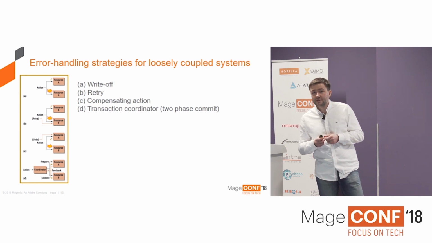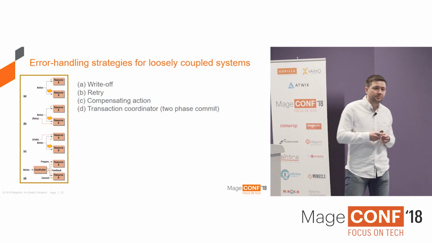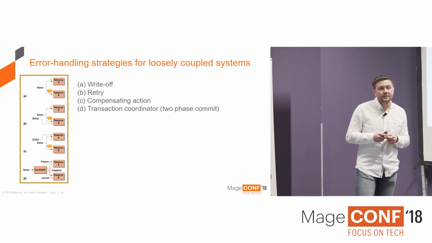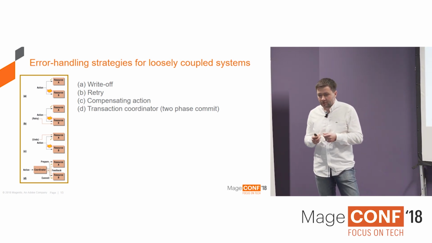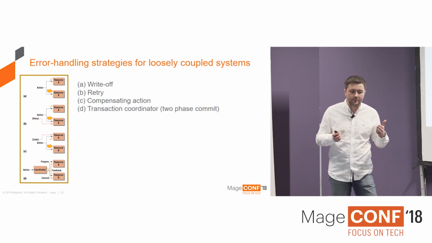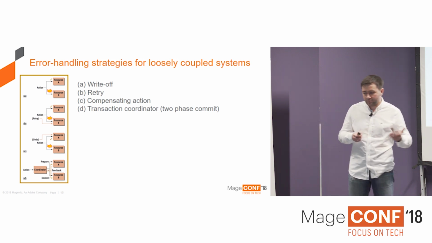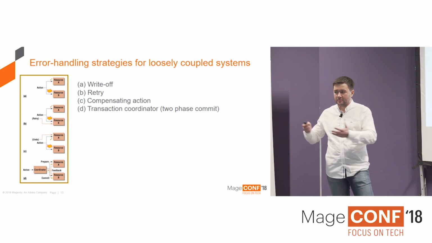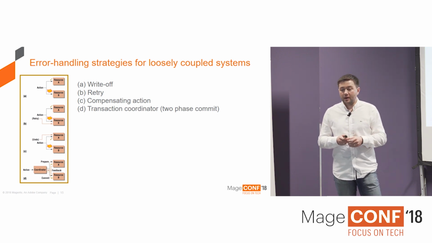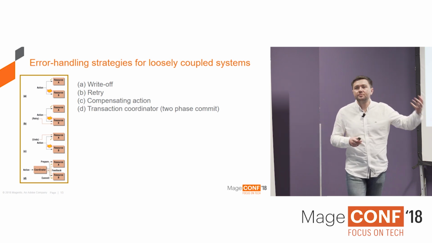And the third option is to proceed with a compensational transaction. The compensational transaction is pretty tricky, but it's a pretty interesting mechanism to work with. Say I'm placing an order, and the system charges some particular money out of my account, let's say 10 hryvnias, and after that it's supposed to ship me something.